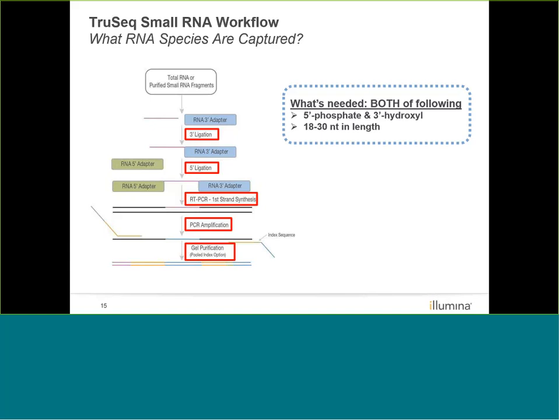We select a band about 145 to 160 nucleotides on the gel, which corresponds to 18 to 30 nucleotides of small RNA in length. Because of the way the protocol is designed, we are going to capture most mature microRNAs. We're going to capture the small interfering RNA, the PIWI interacting RNA, and some precursor microRNA as well.